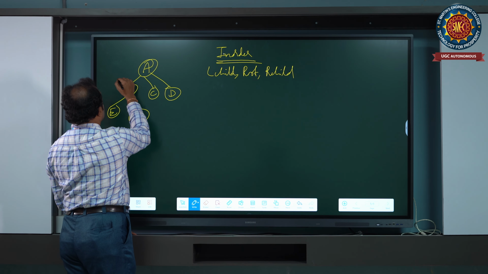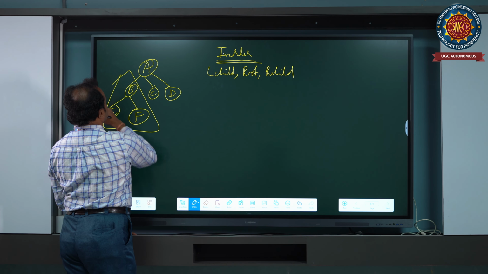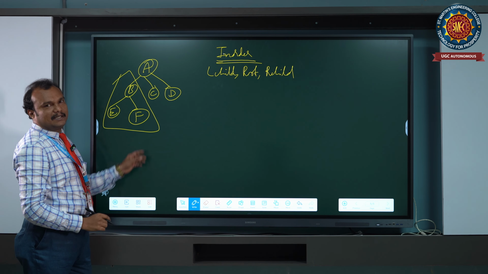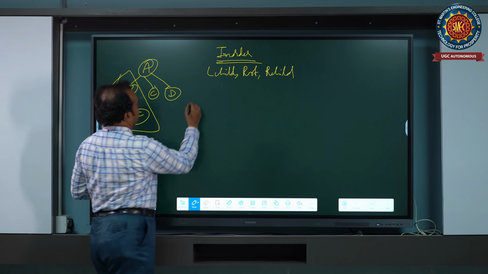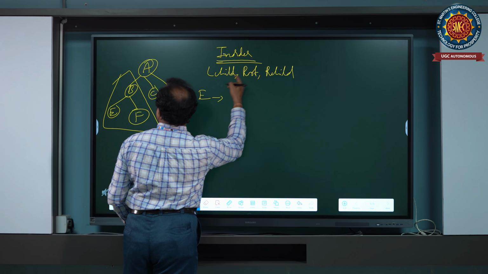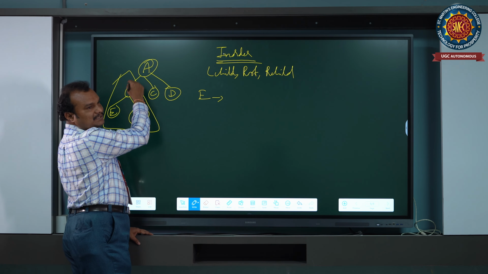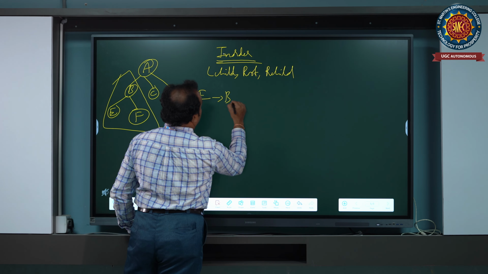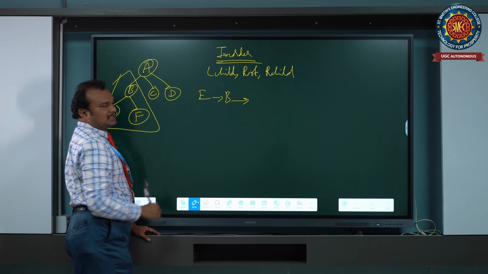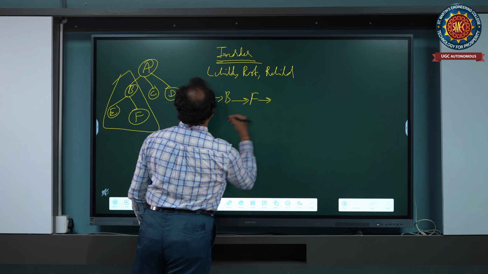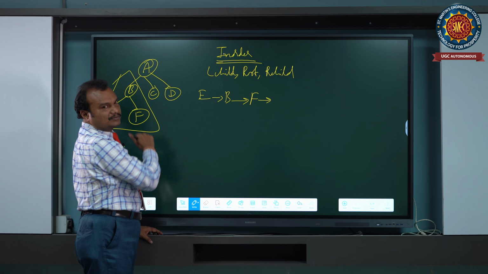First coming to the left sub branch. In this left sub branch, again it will visit the left child, that is E. After that the root node of the sub branch will be B, then followed by the child F. So now all the left sub branch nodes are over.